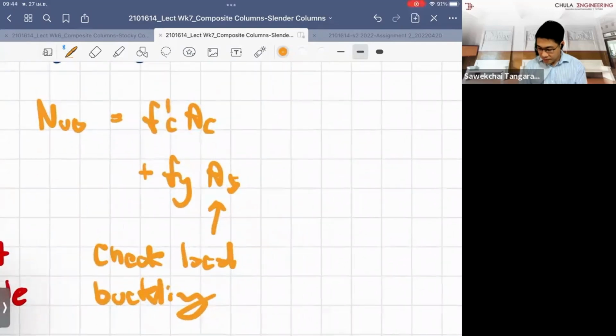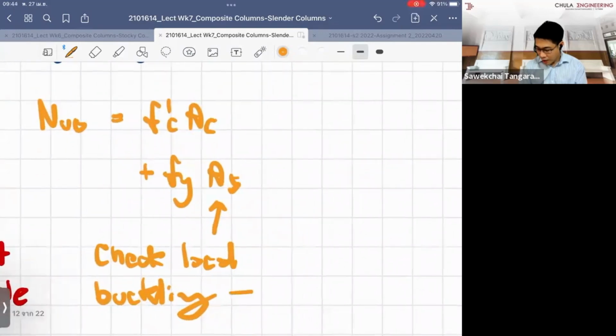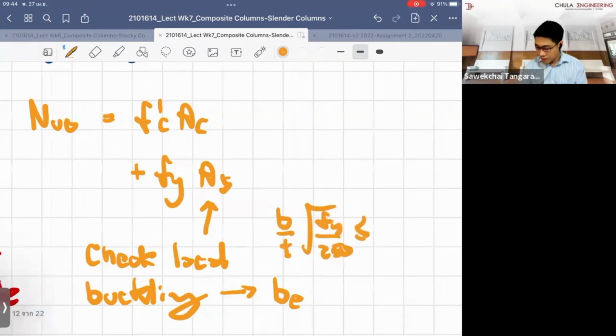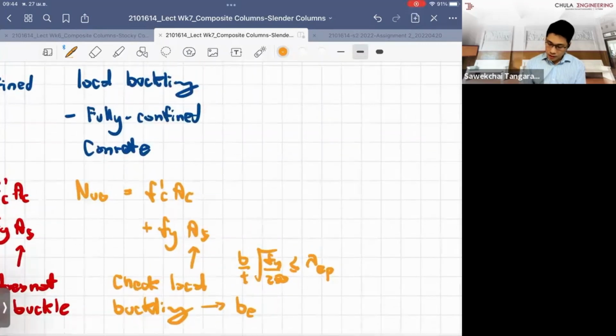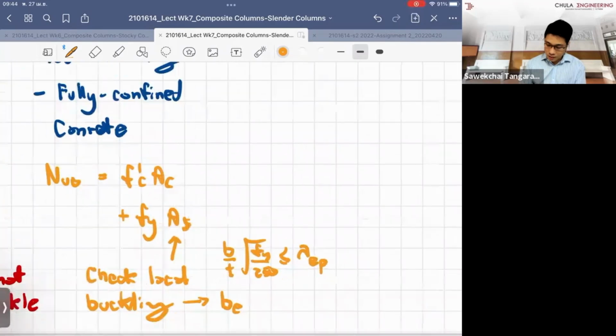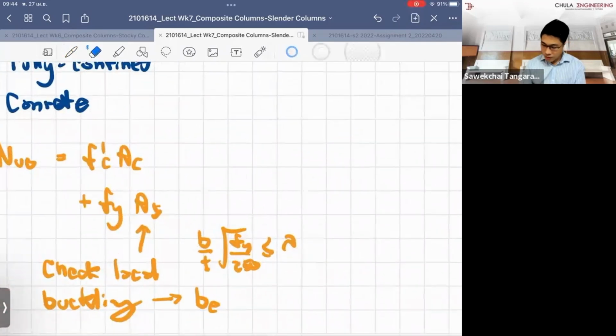If the indicator says it buckles, you have to use the b_e, which is the effective width. How do we check that? We take the ratio of b over t times the square root of Fy divided by 250 and compare it with the limit, which we call lambda_ep, the limit for slenderness, and lambda_ey.